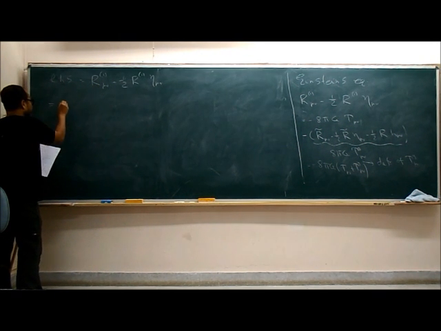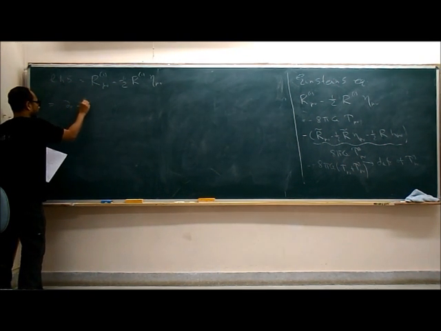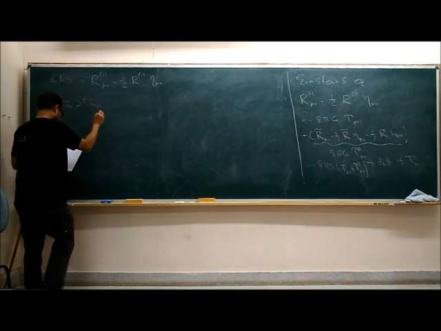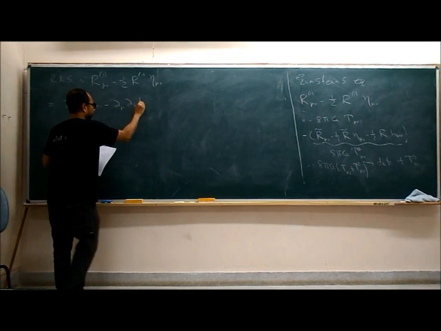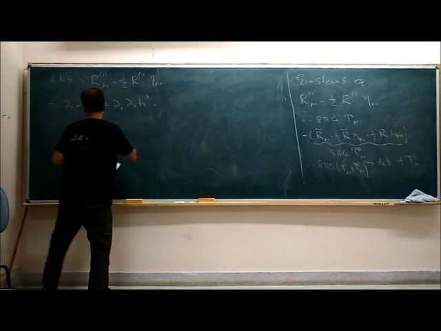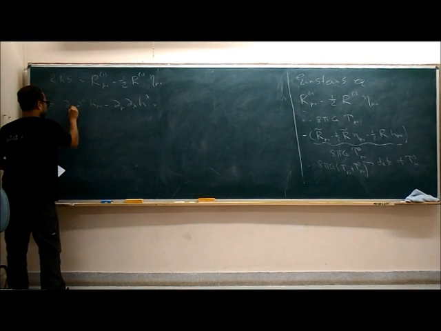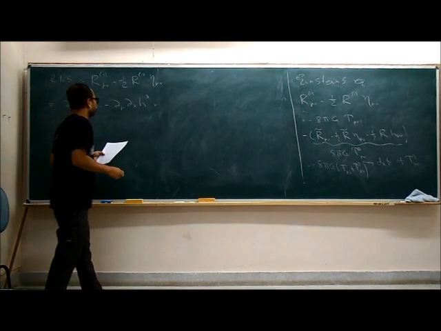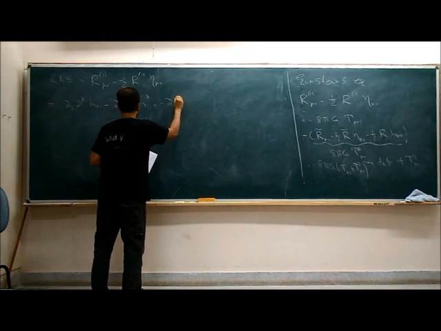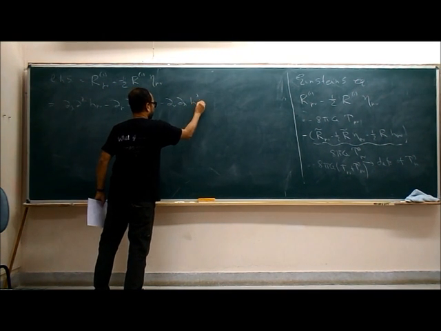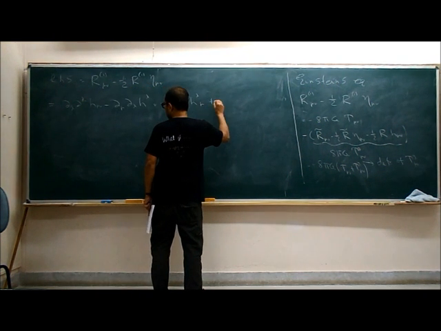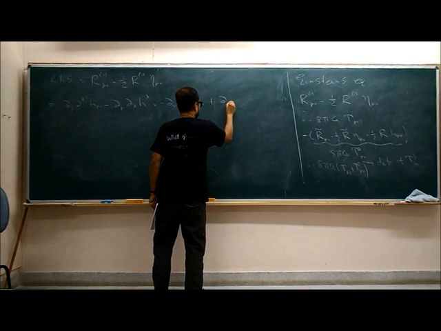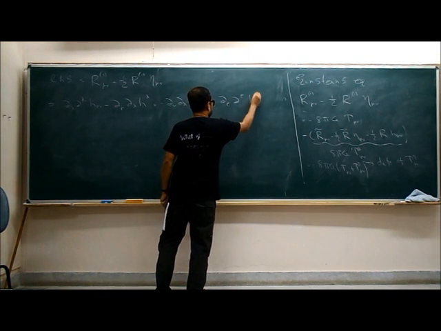R1 mu nu was del rho del rho h mu nu minus del mu del lambda h lambda nu, where I can just write lambda because it's a contracted index, minus del nu del lambda h lambda mu, plus del mu del nu h lambda lambda.